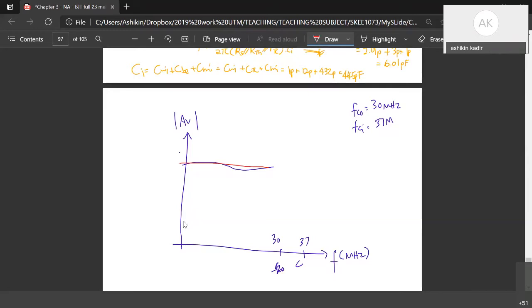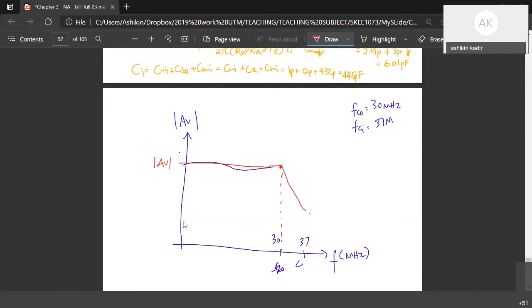So the first capacitance that is near to the AV, we can consider it as the starting point, the frequency where the gain starts to decrease. So we can draw our gain something like this. This is your AV modulus. So at around 30 megahertz, you get a decrement.